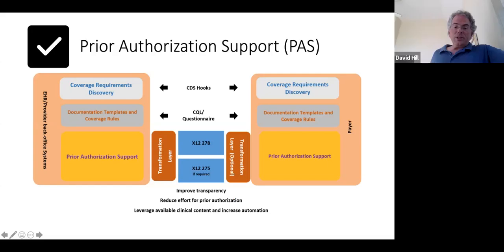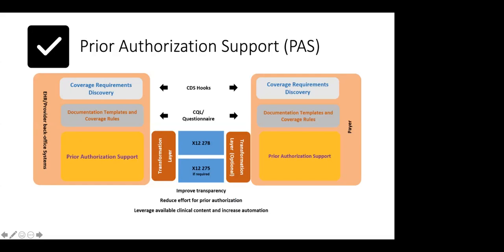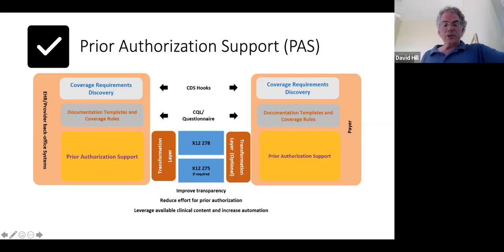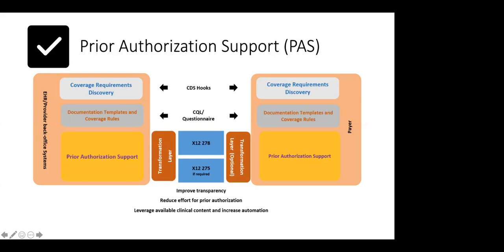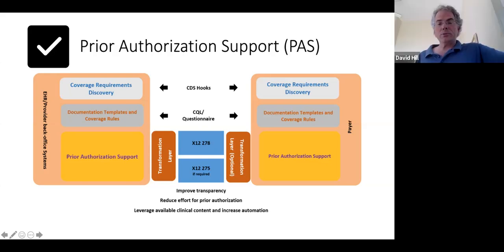And then using X12 275s and 278s to exchange the prior authorization information. And so there's a mapping layer, a transformation layer that goes back and forth between these. In the reference implementation, that's kind of what we've included.